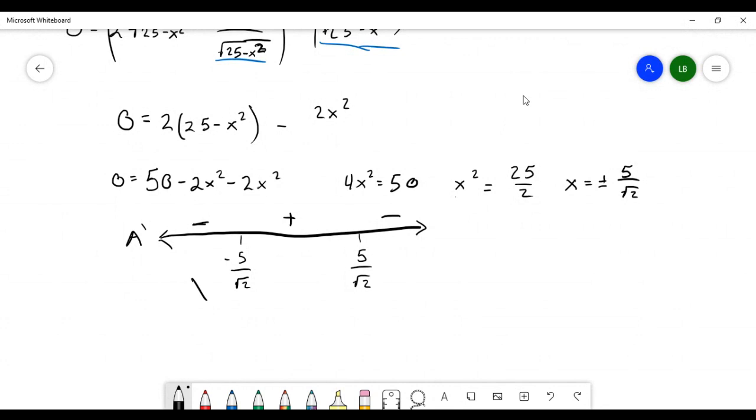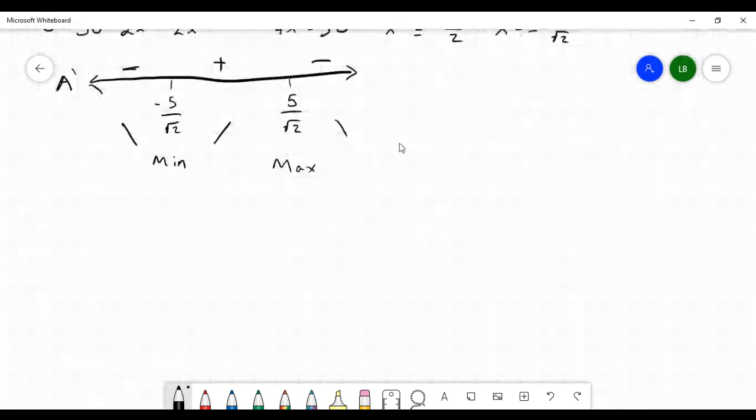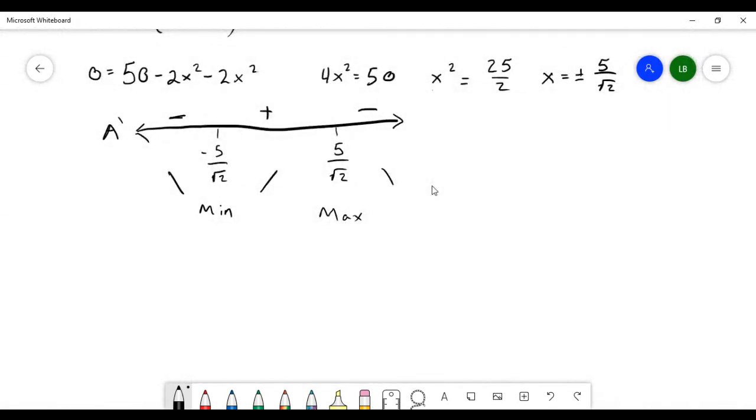So we would have negative, positive, negative. This here is a minimum, and this here is a maximum. So that tells us that our x value, in order to maximize the area, should be 5 divided by the square root of 2.